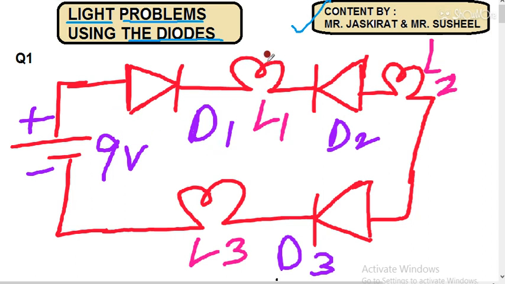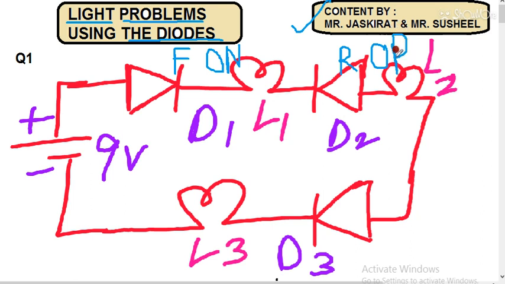So the concept for this whole lecture is this: when the diode is forward biased, it will act as an on switch, or you can say a closed switch. When a diode is reverse biased, it will act as an open switch, an off switch you can say.